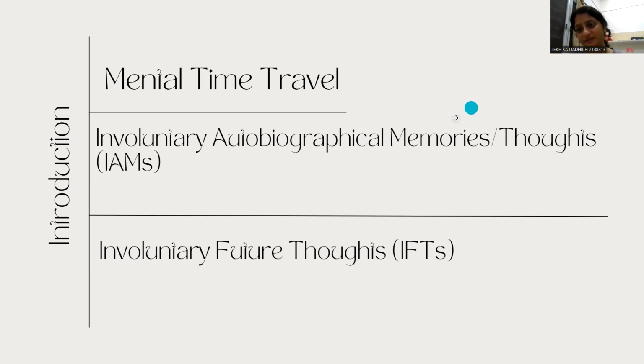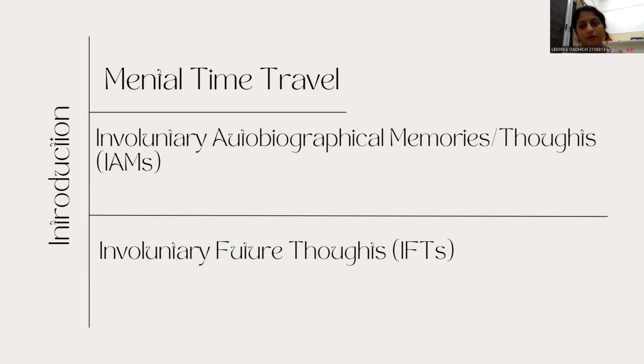Now a much more specific thing within mental time travel is the concept of involuntary autobiographical memories or thoughts. Autobiographical memory is our memory about our own life, which is why it is called autobiographical, since it pertains to ourselves. Involuntary thoughts are memories that we don't really have control over.